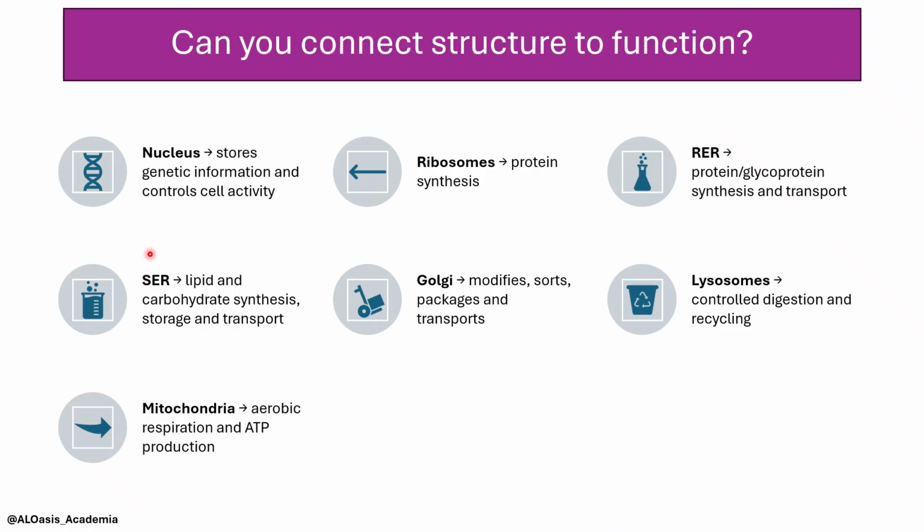Smooth endoplasmic reticulum, important for lipid and carbohydrate synthesis, storage, and transport. Golgi apparatus, it's important for modifying, sorting, packaging, and transporting. Lysosomes are for controlled digestion and recycling any worn out materials inside the cell. And finally, mitochondria, it's for aerobic respiration and ATP production.